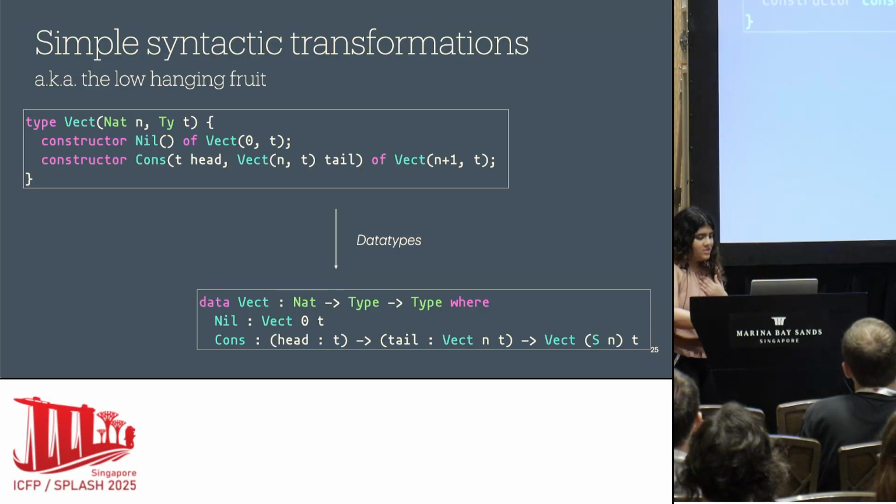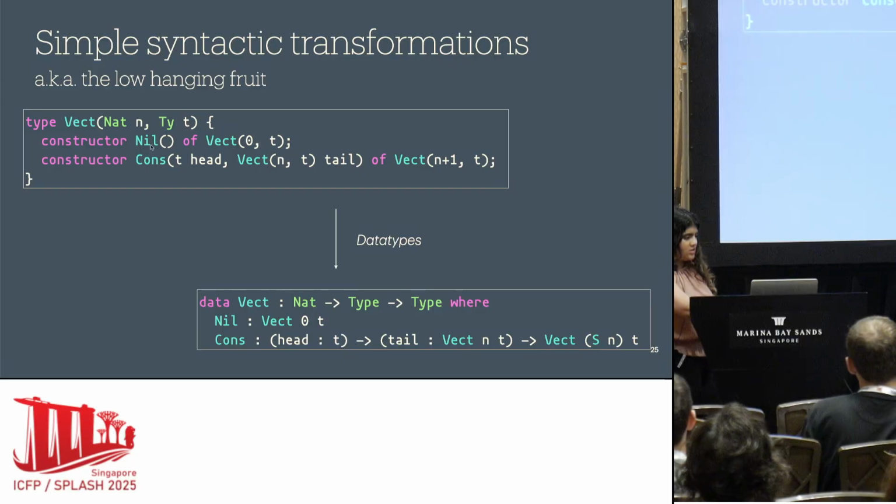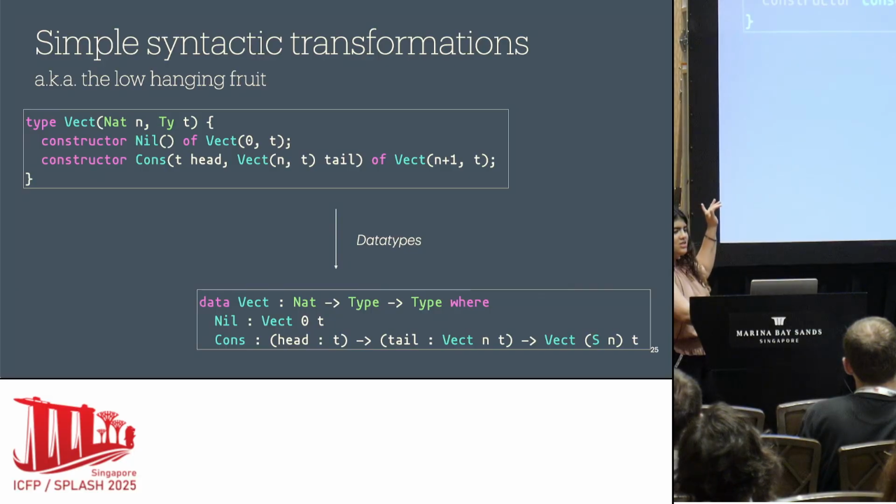I like curly braces for one, and also for constructors and arguments. We also have implicit arguments, which you'll see in the next slide. And this is something that people are already used to. Anyone have any major issues with how this looks? Good, perfect.